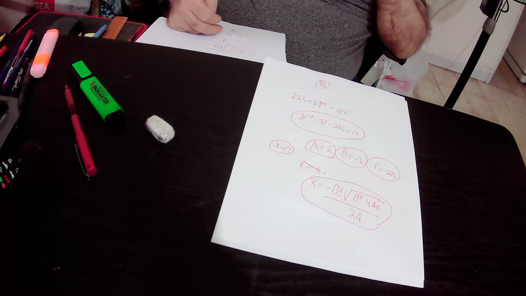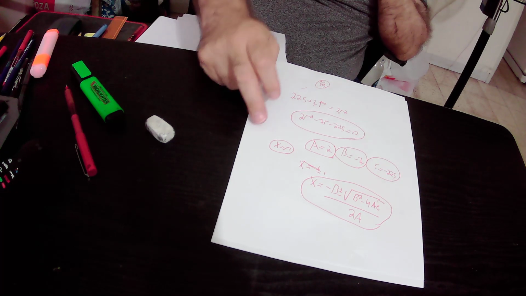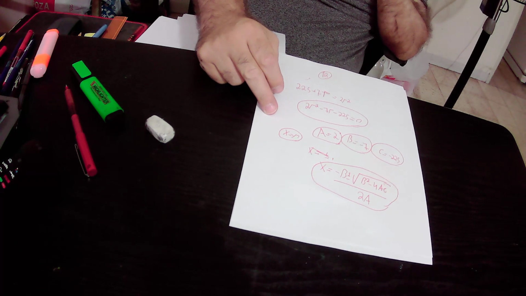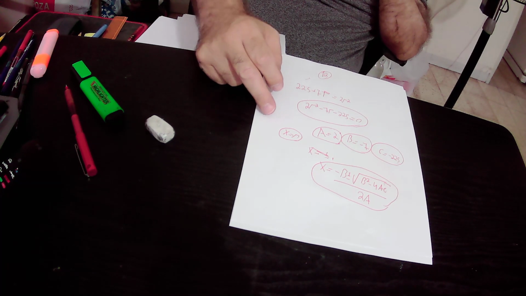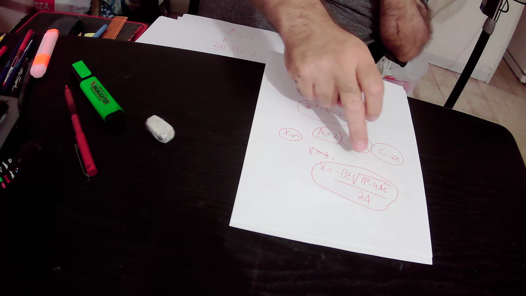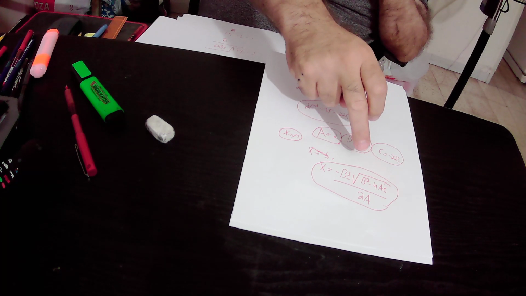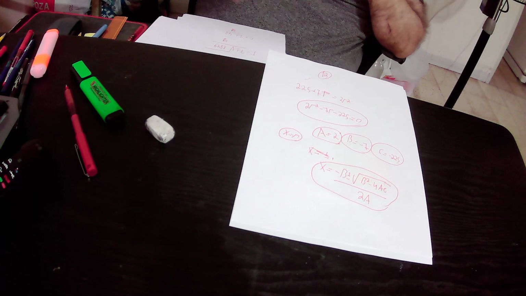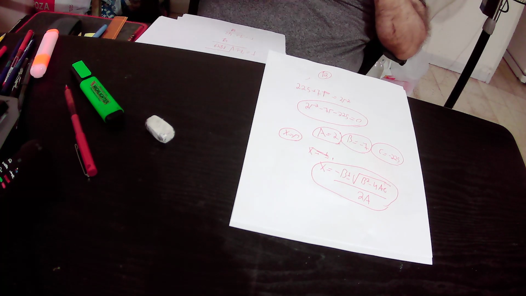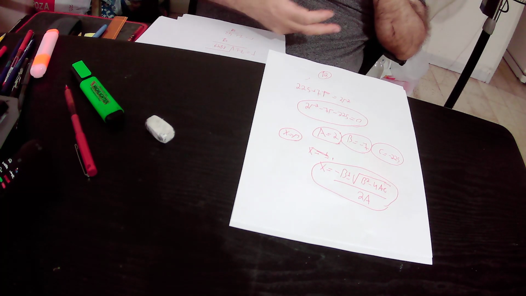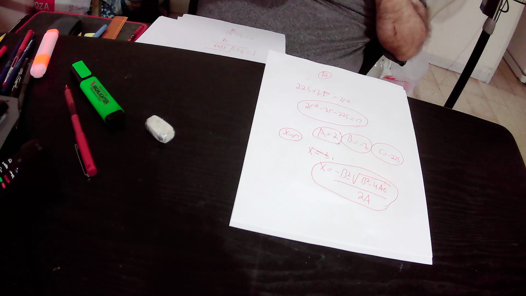And we have the general solution to a quadratic equation that states that the variable x equals minus b plus or minus the root of b squared minus 4AC, over 2a, where A, B, and C are the coefficients of the quadratic equation.